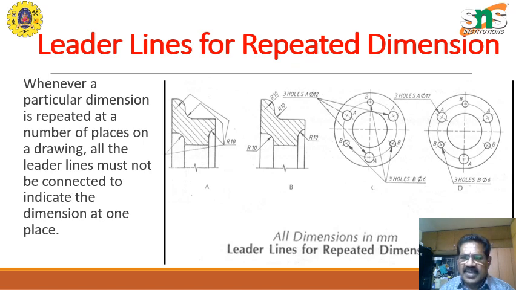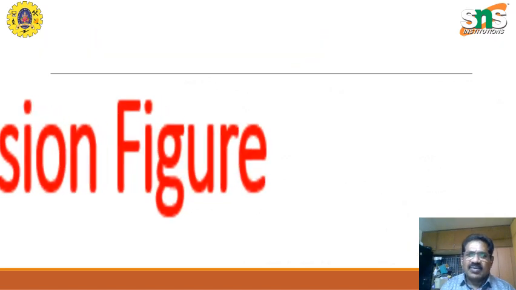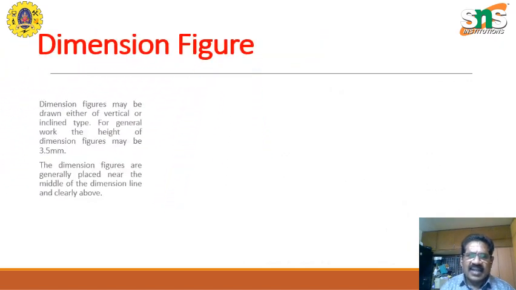These 3 holes B are of dia 6, and these 3 holes A are dia 12. That can be understood very clearly. Here also the dimensions are there for the fillet, and if I do it like this, it's going to be very cluttered, so we can simply say typically all are 10 radius. So wherever it is not mentioned, you can take the typical dimension, and if it is mentioned, then you have to go for that particular dimension.